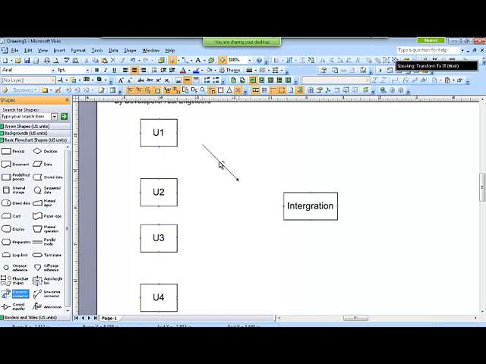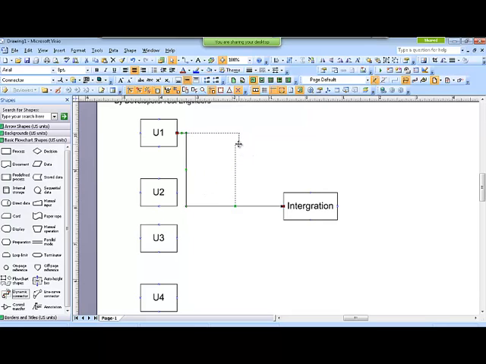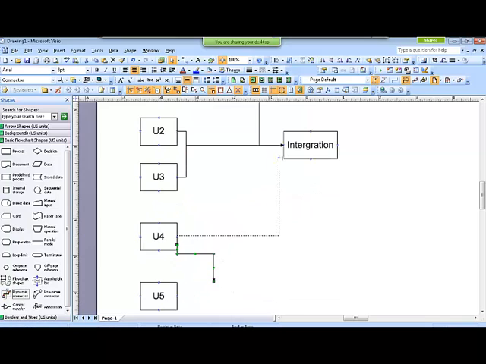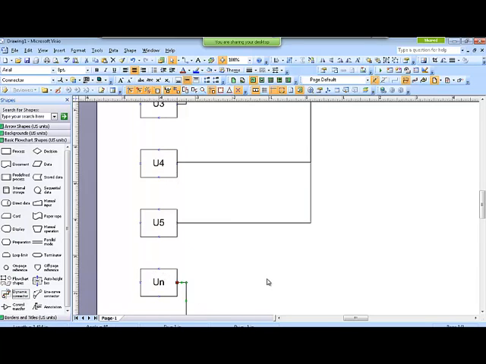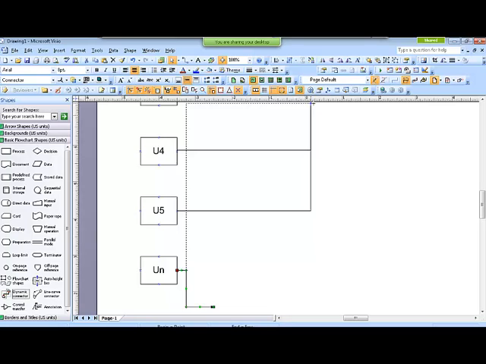What I'm trying to do is integrate different modules into a single system.